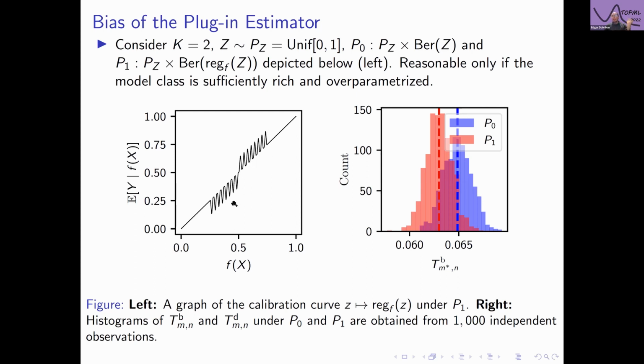And this may look like a bit of an artificial example, but again, in the era of overparameterization, if we have very rich model classes, then conceivably we can get such behaviors, where some function that we fit to the data, or interpolate some data with, can wiggle a lot. In fact, if you train neural nets in small dimension and you make them very complex, they can easily have this type of oscillating behavior.